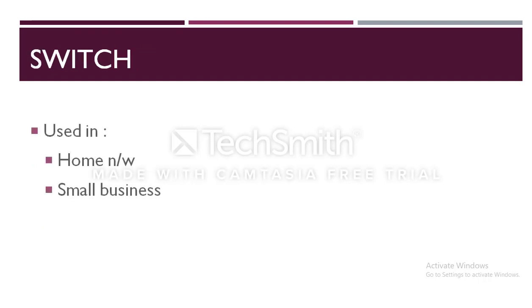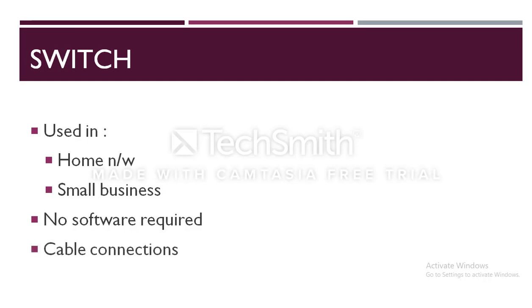Switches are commonly used in home networks and in small businesses. They need not be monitored or configured using external software applications. They are easy to set up and require only cable connections.